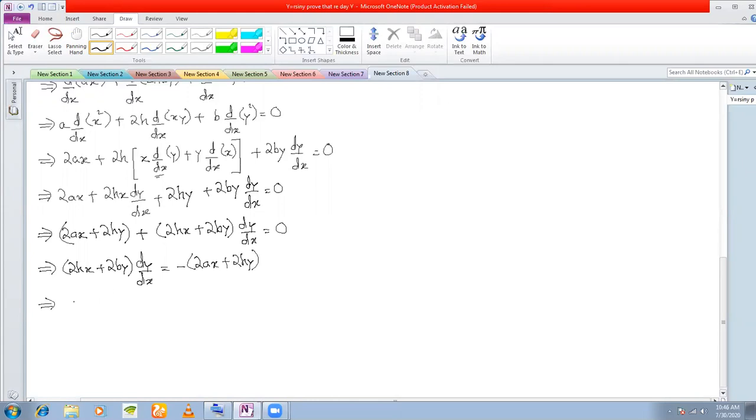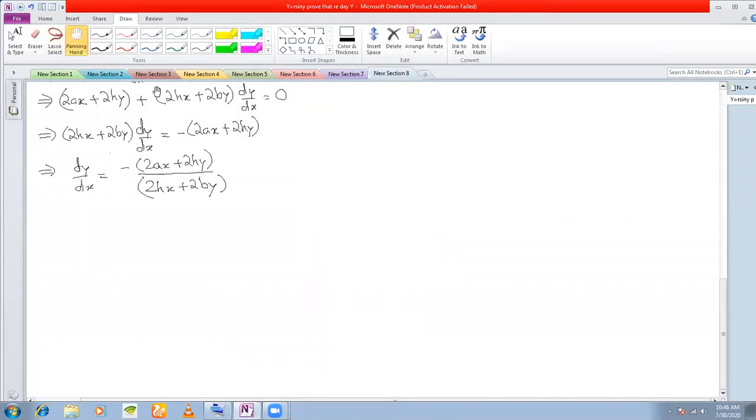That means dy/dx is minus 2ax plus 2hy divided by 2hx plus 2by. So now I can cancel 2 from numerator and denominator.